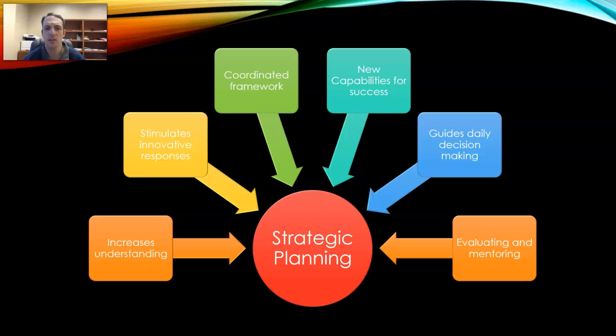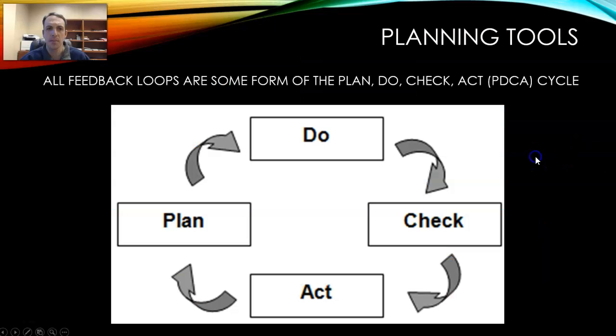That's really what strategic planning is: taking all of these inputs, all of the different things that we've created and or need to create and think about, and bringing them all together in one cohesive plan that will drive how we are going to get to where we want to be. And then from that, all of these come into some form of this PDCA, or plan, do, check, act cycle.